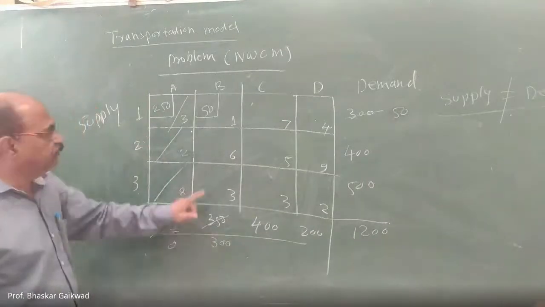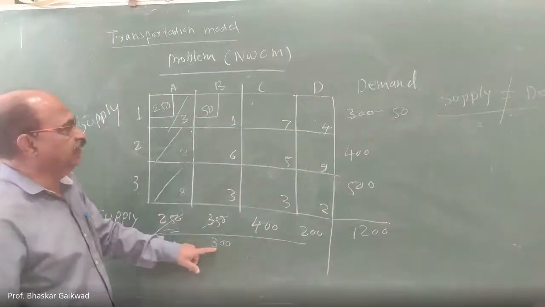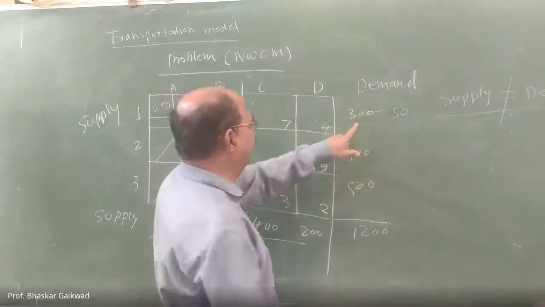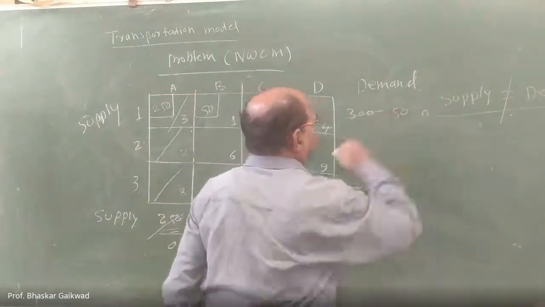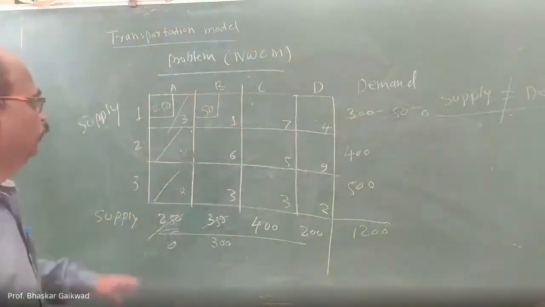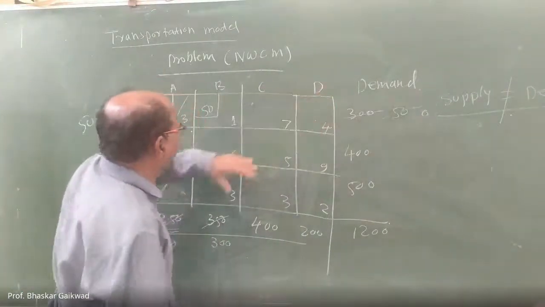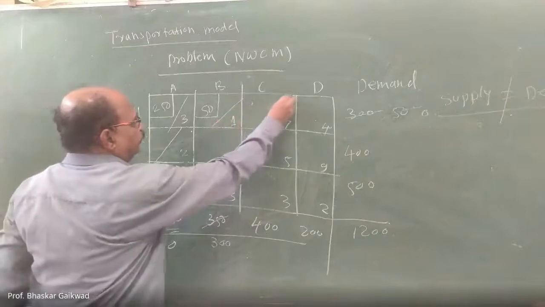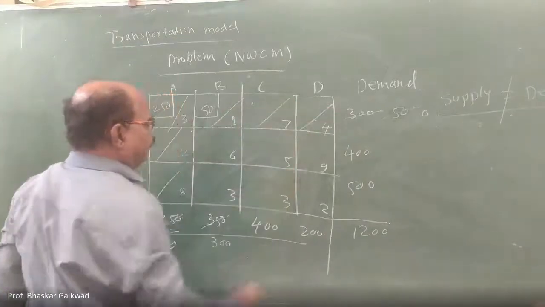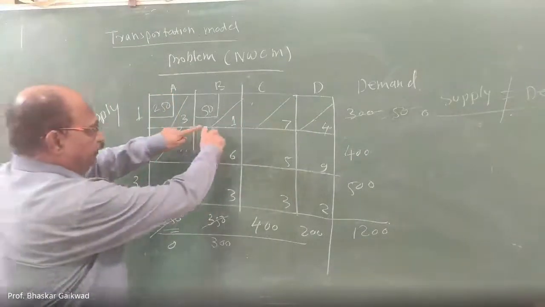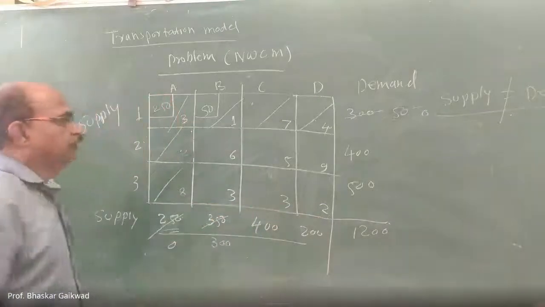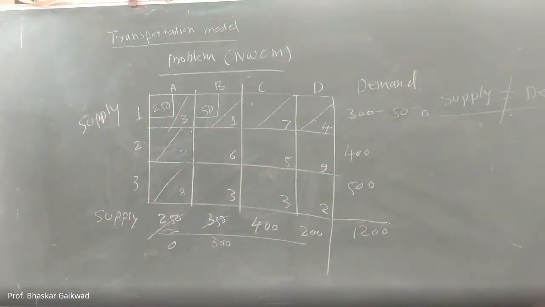So here it is 50, here 300, and 50 goes to 0. Then this row will get cancelled. Then which is the remaining? This.